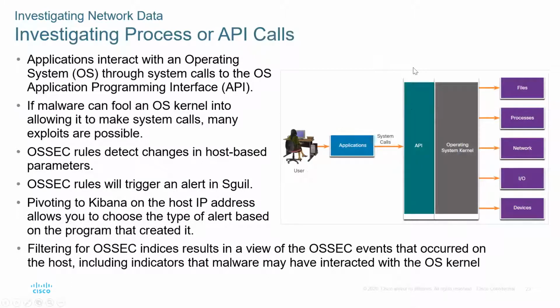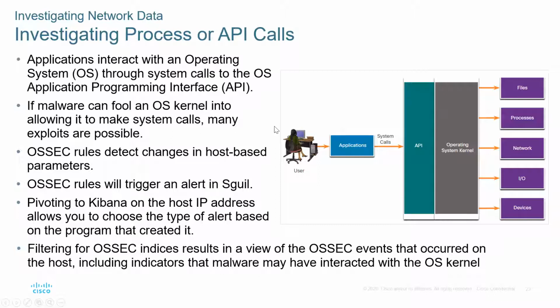As you go through the investigating process, applications will interact with the operating system through system calls or the system API. If malware can fool the OS kernel into allowing it to make system calls, many exploits end up being possible. So OSSEC, which is one of your HIDS, the host-based intrusion detection, has rules that can detect changes within the host-based parameters, and then OSSEC will trigger rules with an alert back in SQL.